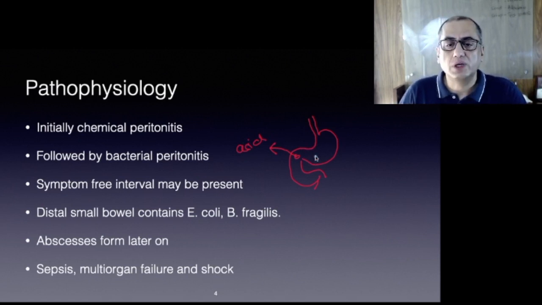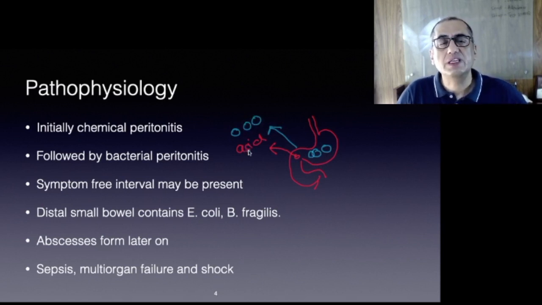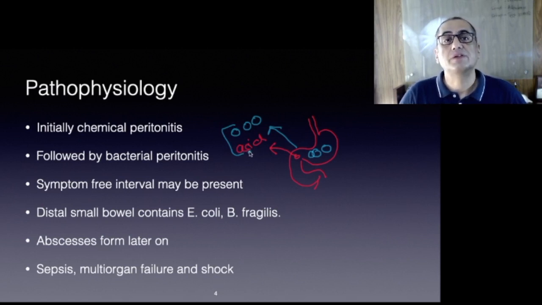And if we have food, I'll do food in blue, and this also spills here, and when these particles reach the peritoneal cavity, this chemical peritonitis is succeeded by the gradual development of a bacterial peritonitis. So patients may be free of symptoms for several hours between the initial chemical peritonitis and the later occurrence of the bacterial peritonitis. The microbiology of the small bowel changes from its proximal to its distal part.